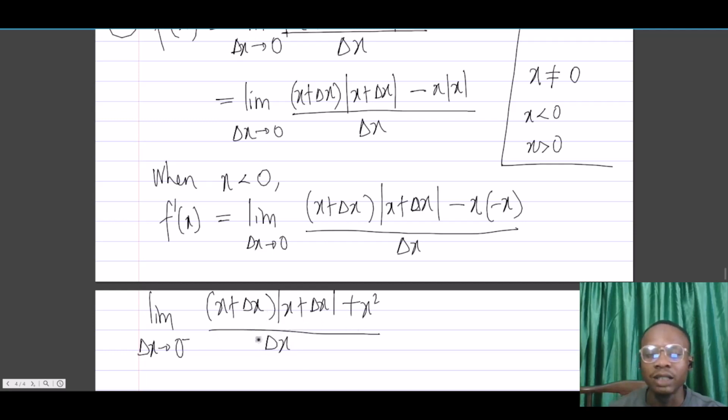So the point here is that delta x is approaching 0 from below and x is less than 0.